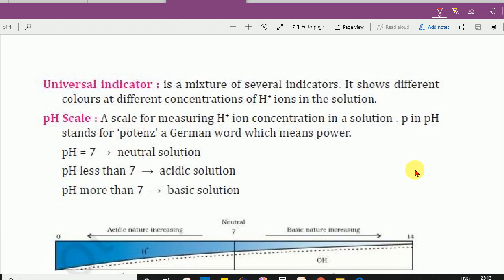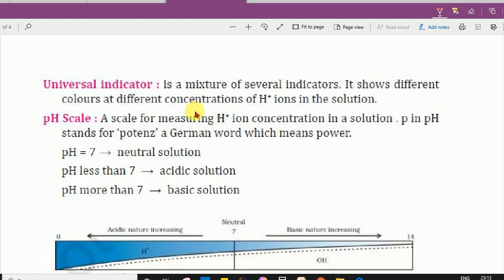It has H ions and OH ions. So acids combine with H plus ions of water and form hydronium ions, while bases release their OH ions when they are dissolved in water.